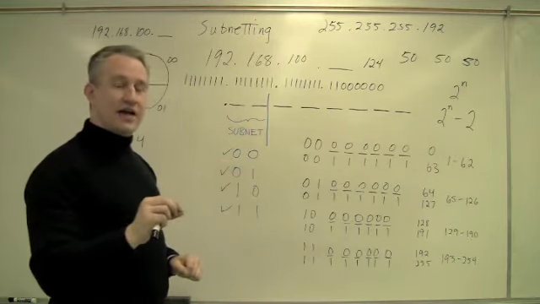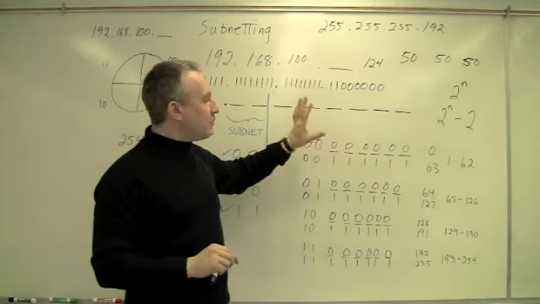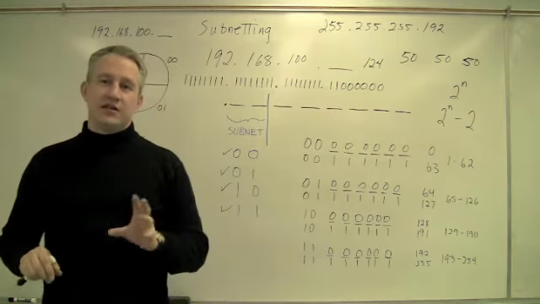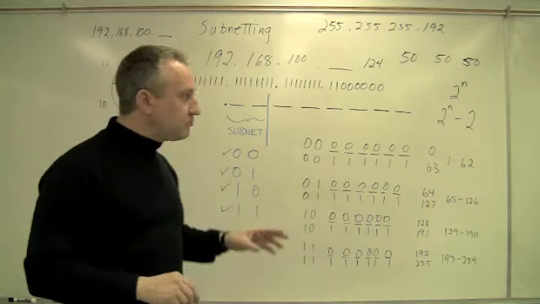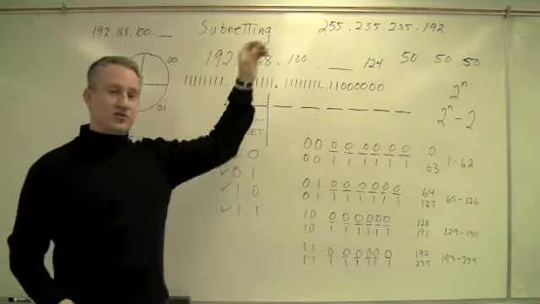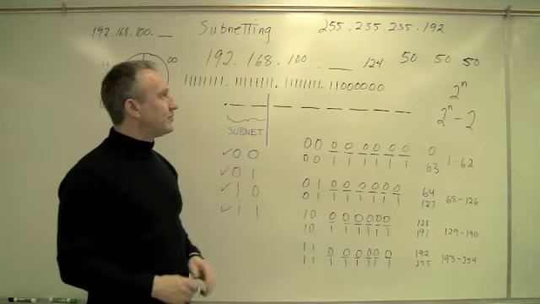If I don't do that, I will not have configured this properly, and my networking isn't going to work properly. So it's important when we figure this out that we don't just figure this out, we also have to calculate the appropriate subnet mask to go along with it.